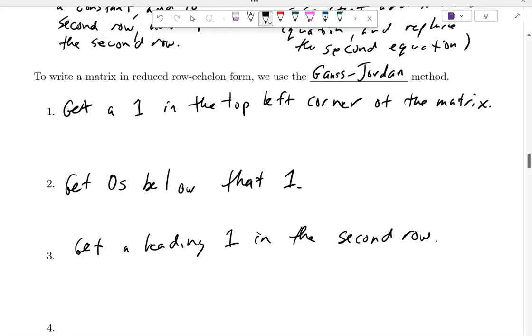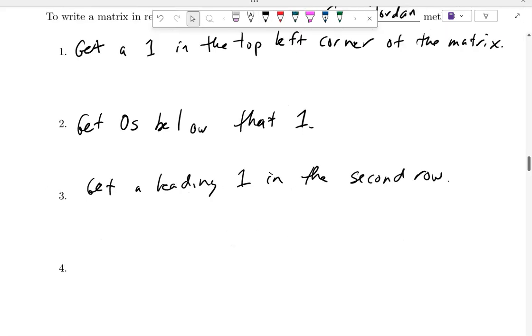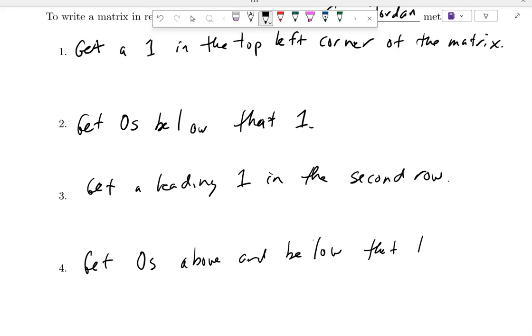Got zeros below it. Now this is where the one difference is going to come in. Since we're going to put it in reduced row echelon form, we don't only want zeros below it, we also want zeros above. Okay? So the next step will be get zeros above and below that leading 1, and then repeat until you run out of rows.